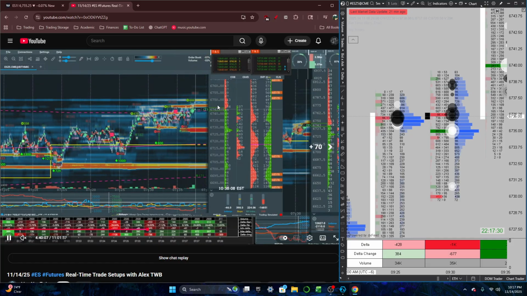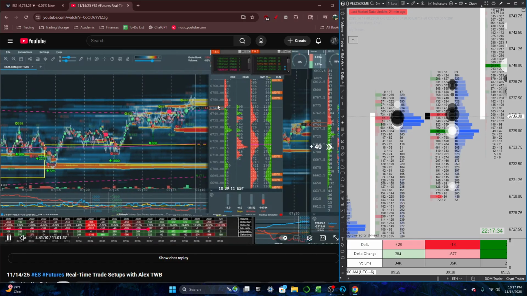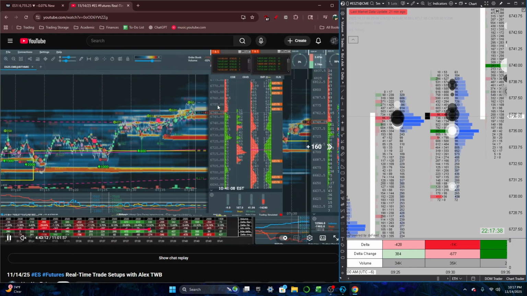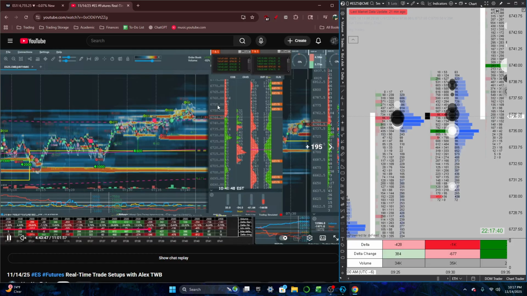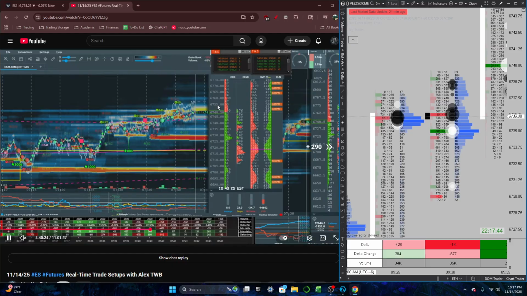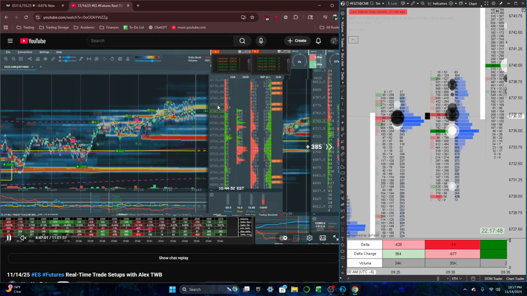Big buying getting in there. Now we are pushing up pretty strongly now. Once again, not really anything we can take, I'm going to be honest.